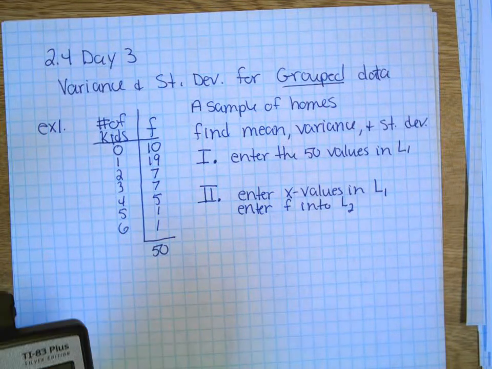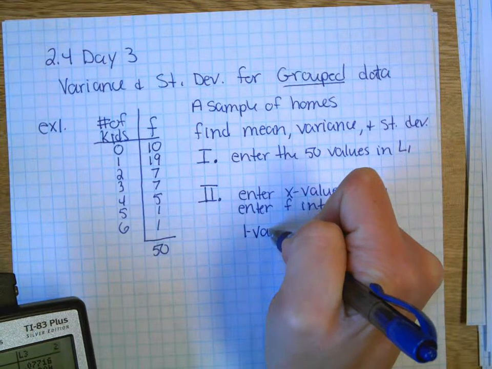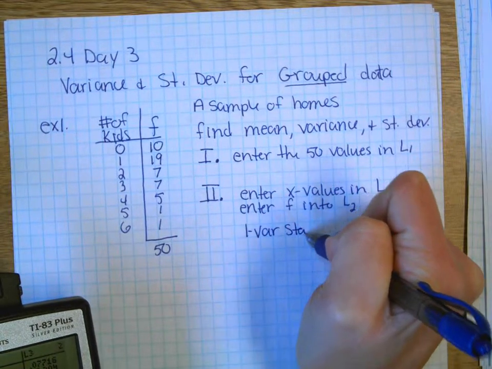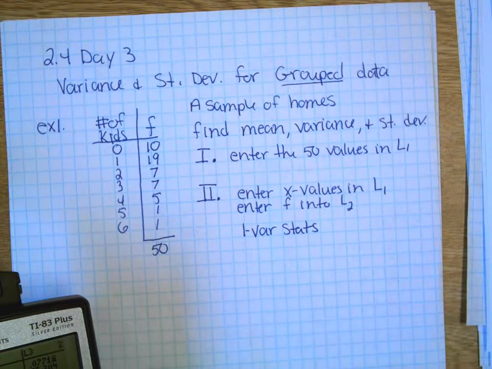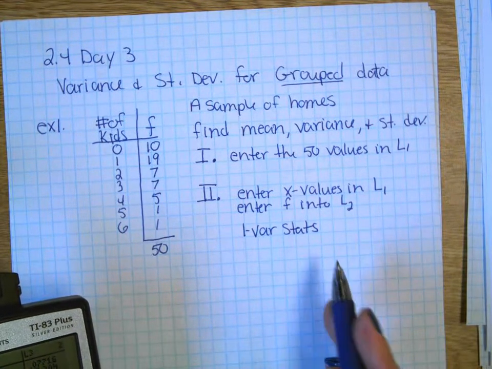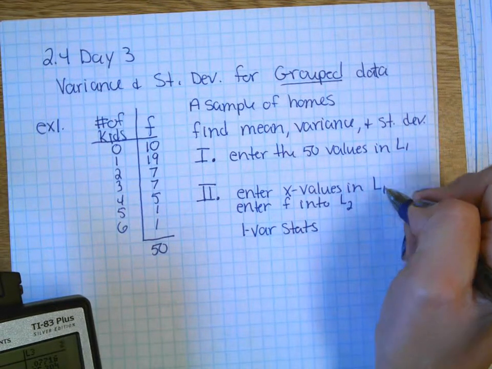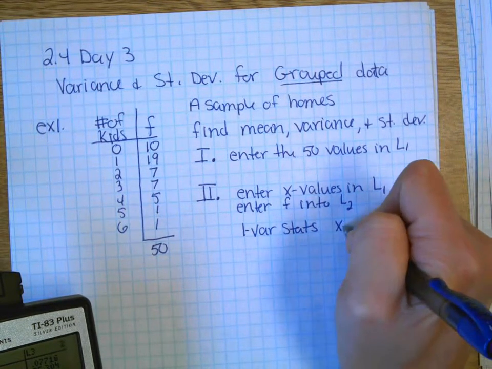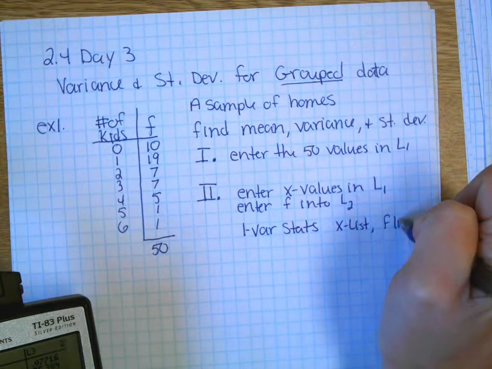Okay, like I said, the programmers built it so that now when you go to one-var stats, normally we would just hit our list and then it would average up the numbers in that list, but that's not what we want it to do. We want to look at the frequencies. So what we're going to do is put in our X list first, comma, frequency list.